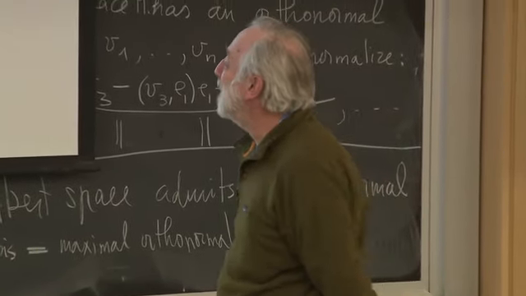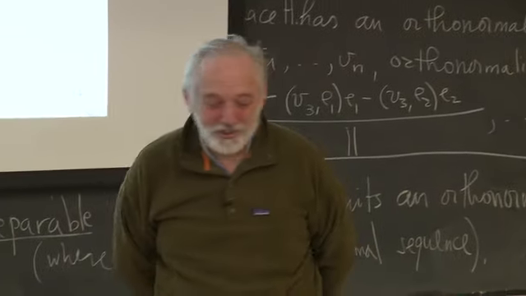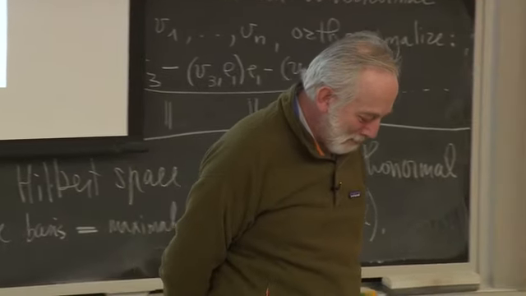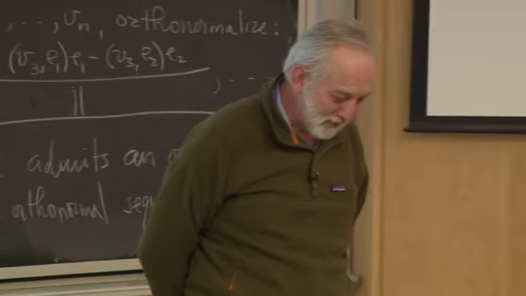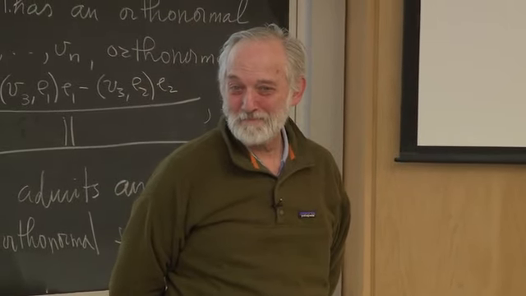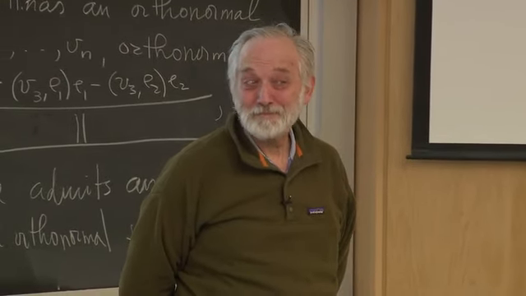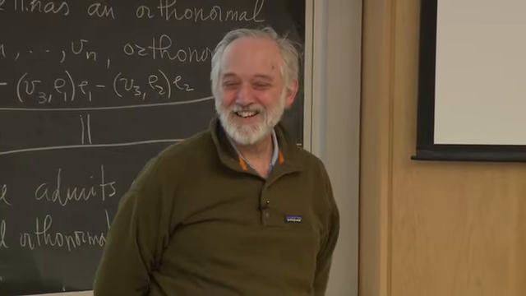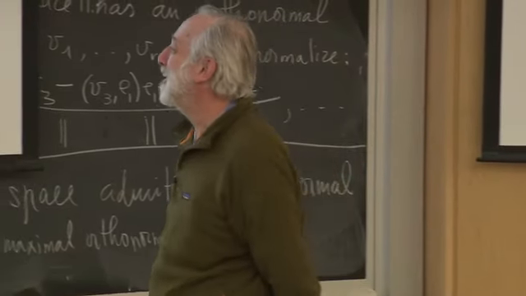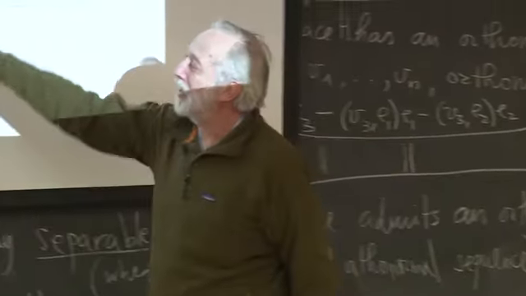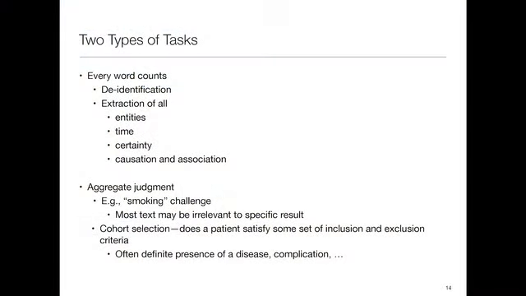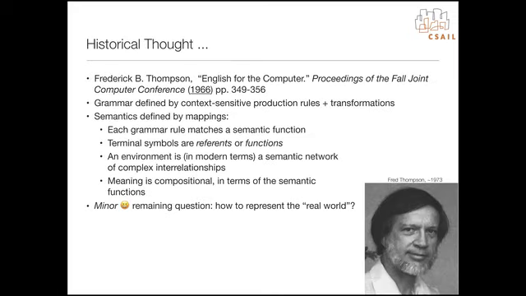And then you have interesting cases like the patient quit smoking 2 days ago. Really? Are they a smoker or not? And also aggregate judgment is things like cohort selection, where it's not every single thing that you need to know about this patient. You just need to know if they fit a certain pattern.